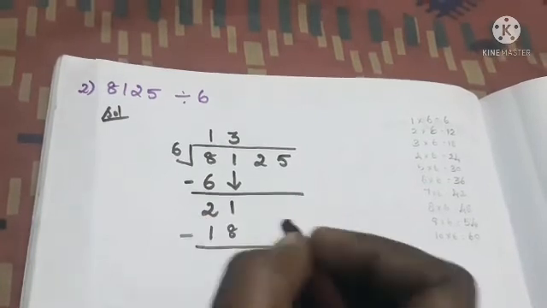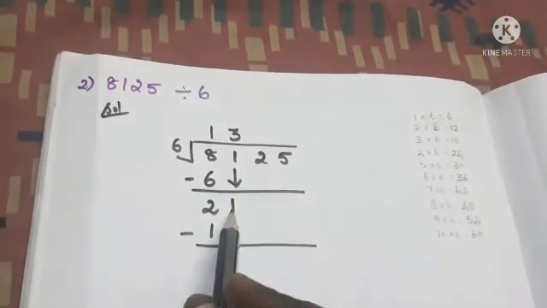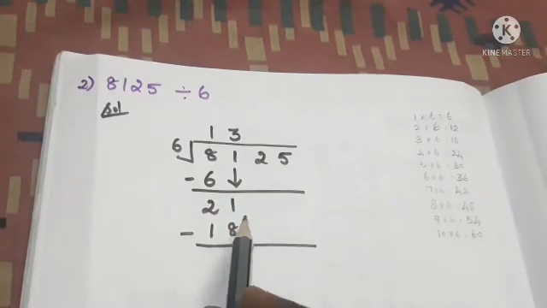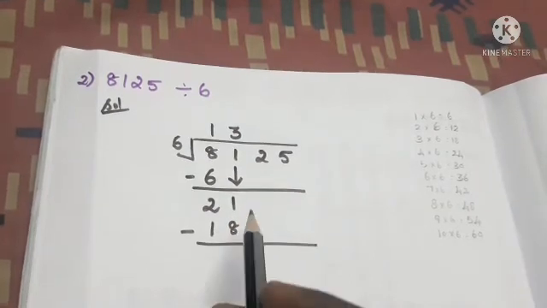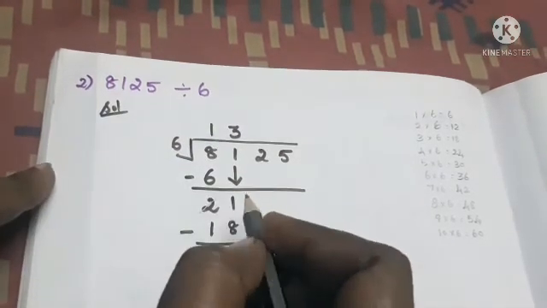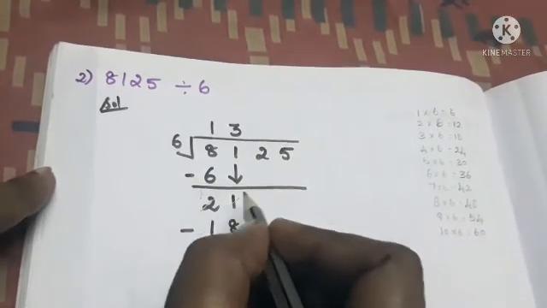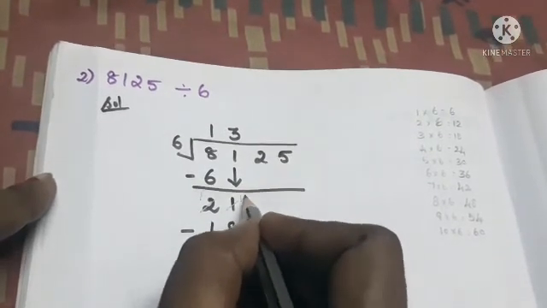Next we have to do the subtraction. So 1 minus 8. 1 minus 8 we can't do, isn't it, ma? Because 1 is less than 8. So what we have to do, we have to borrow from the next value. If you borrow from 2, the 2 will be changed to 1, and this 1 will change to 11 now.